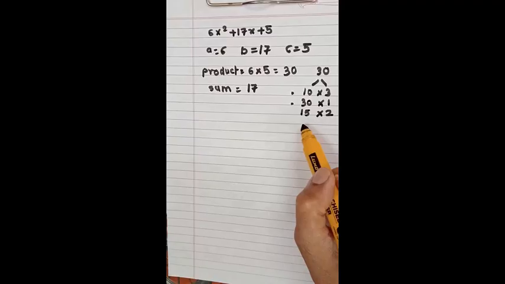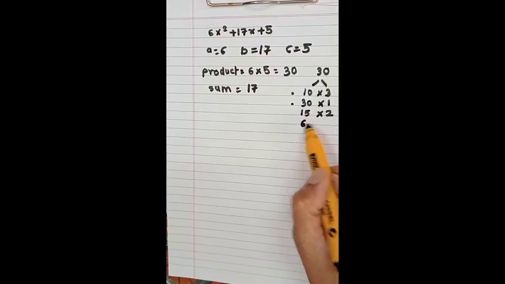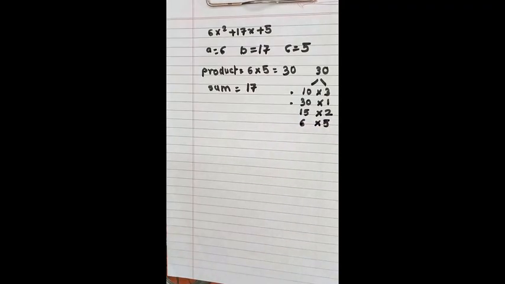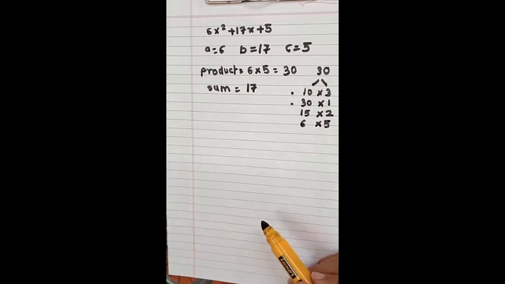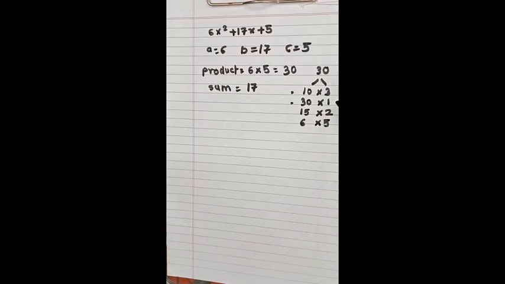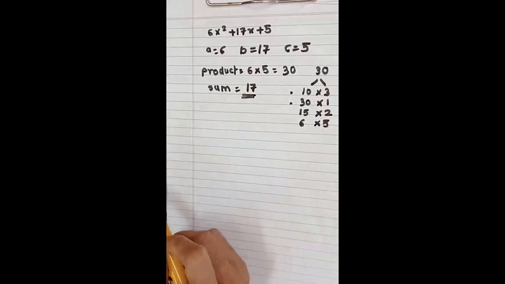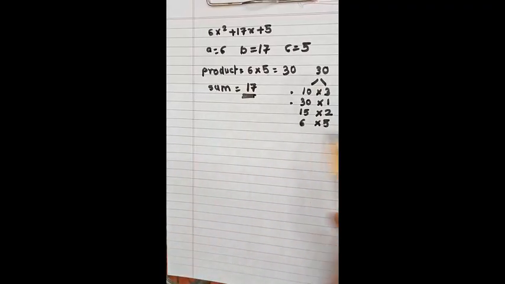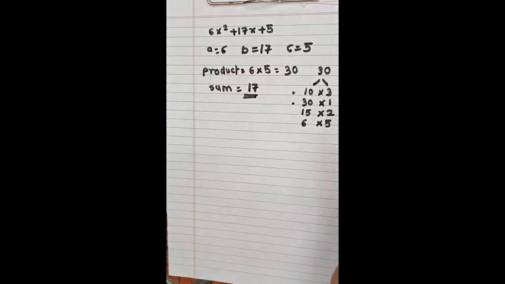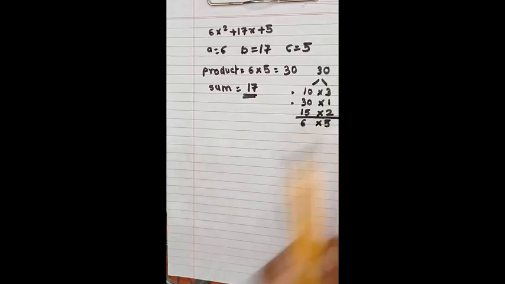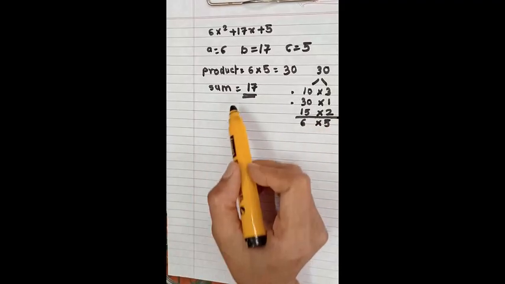Again you have 6 into 5. You can go till divided by 2. No other possibility. So you get the factors like 10 and 3, 30 and 1, 15 and 2, 6 and 5. What you have to find is which sum is 17. It may be negative or positive numbers. Here you get the sum 15 plus 2, 17.